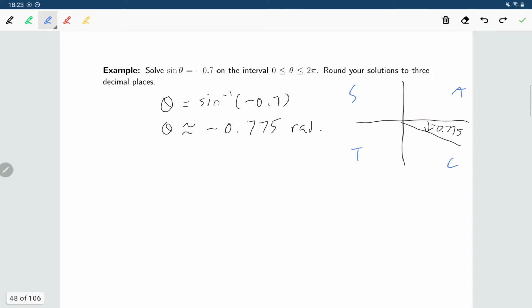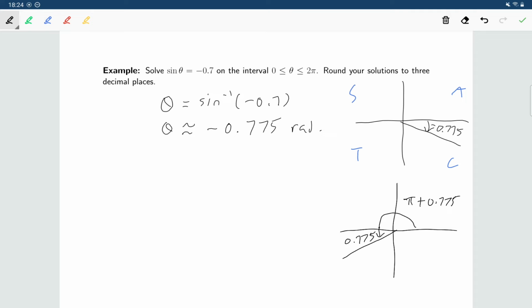Now, for the angle that's in quadrant 3, we can think of that as having the same reference angle, which would be 0.775 radians, and we've gone past 180 degrees or past pi radians, so this could be thought of as pi plus 0.775. That would be the value of that angle in quadrant 3 in terms of radians.